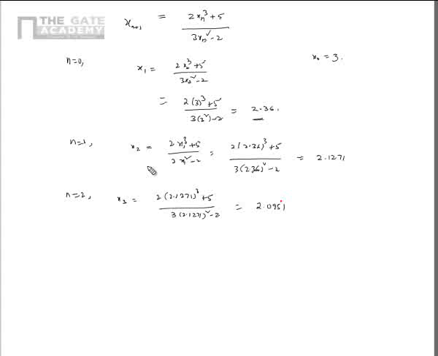Similarly, for n equal to 3, x4 is computed by substituting this value, and it comes out to be 2.0954.